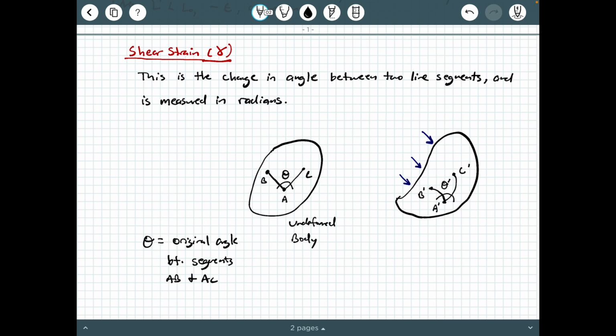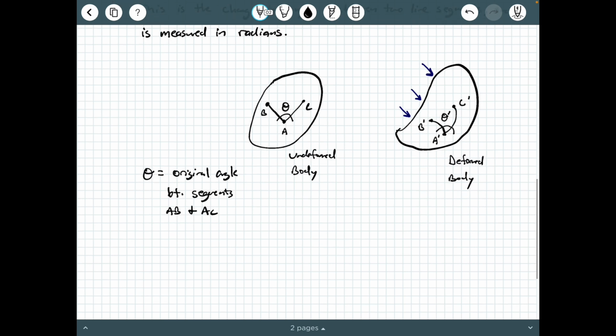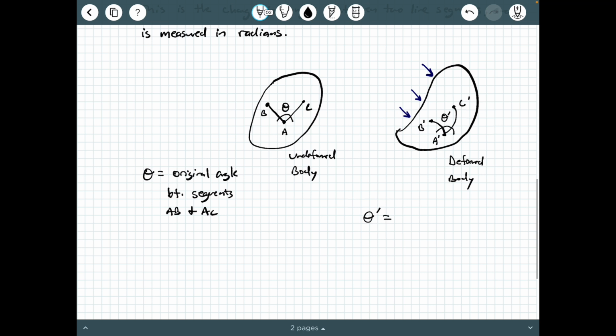This is the deformed body. So what is theta prime? Theta prime here is the new or deformed angle between segments A prime B prime and A prime C prime.